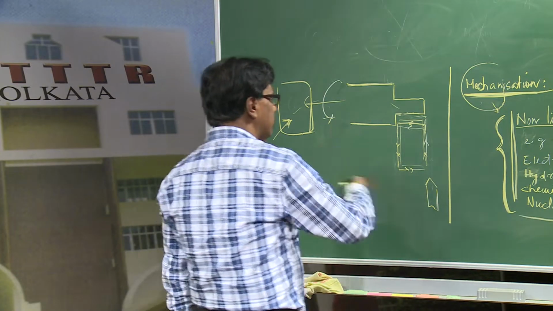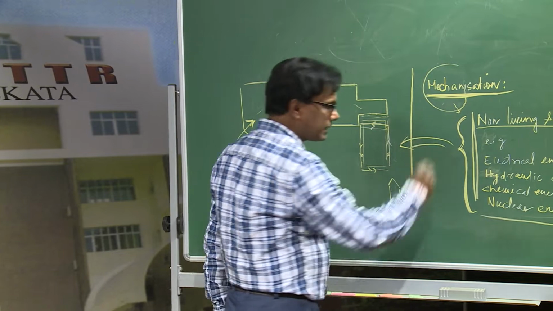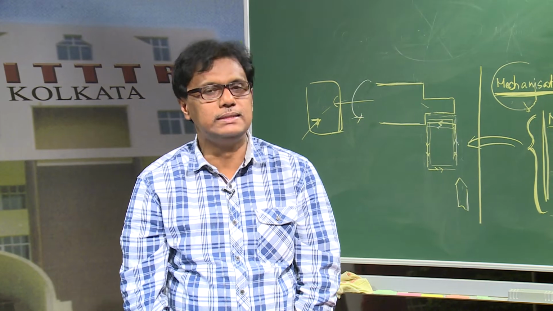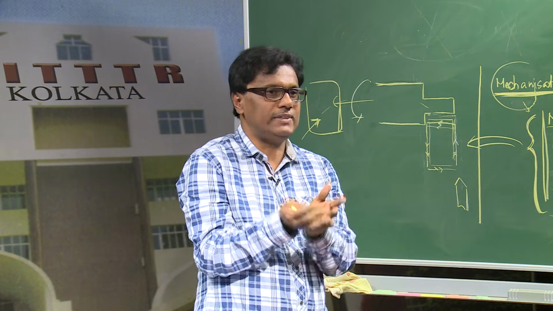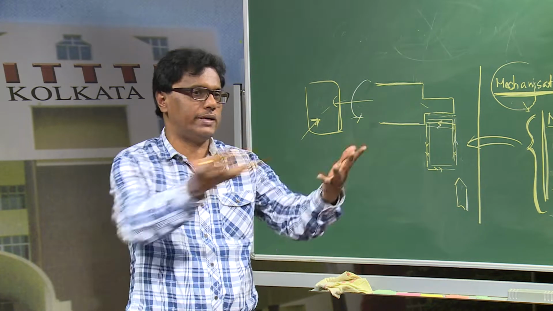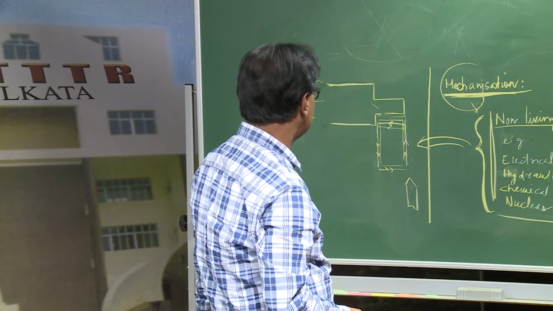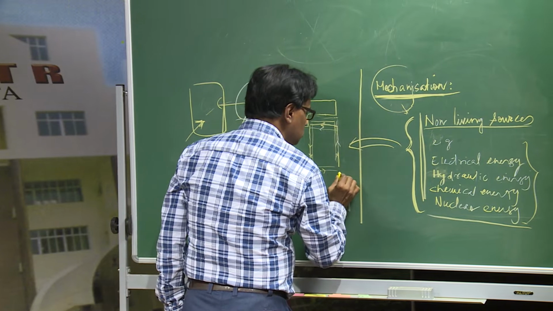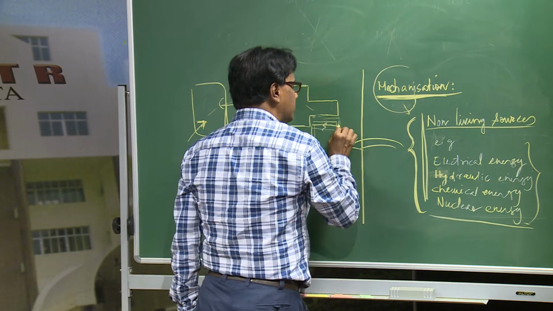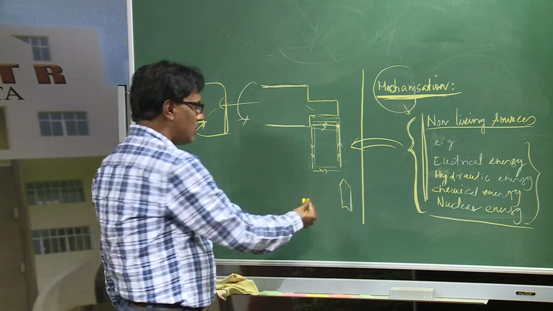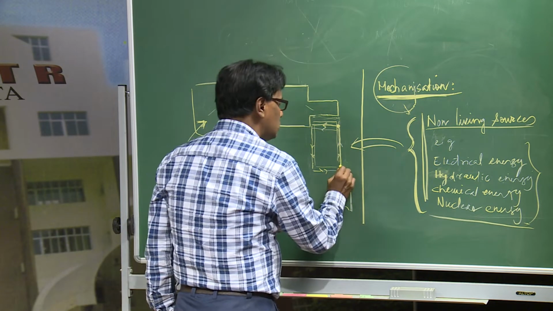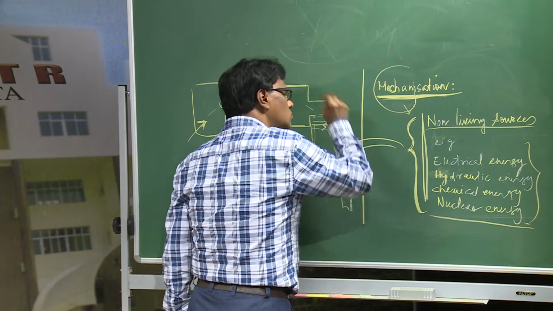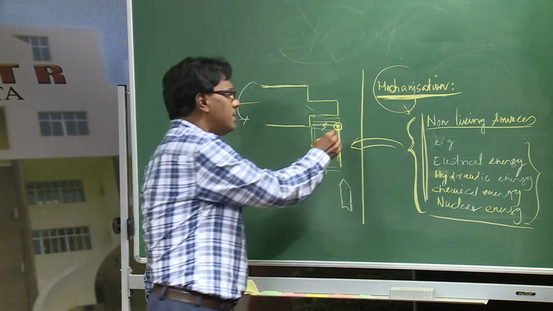Again, let me come back to my example. My physical labor is replaced by some energy from electrical or hydraulic or nuclear systems. The tool reaches this point. If I consider there is a lead screw or something like that, once this tool reaches this point, movement of the tool is ceased.